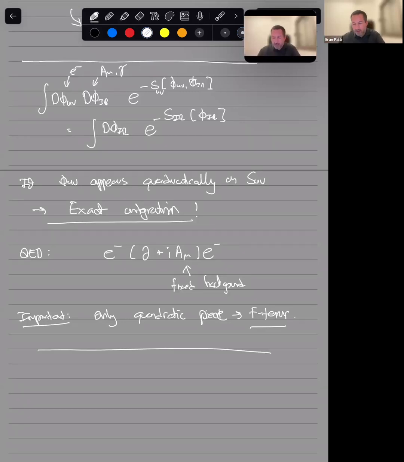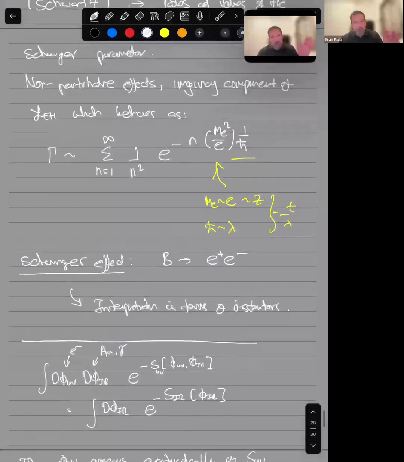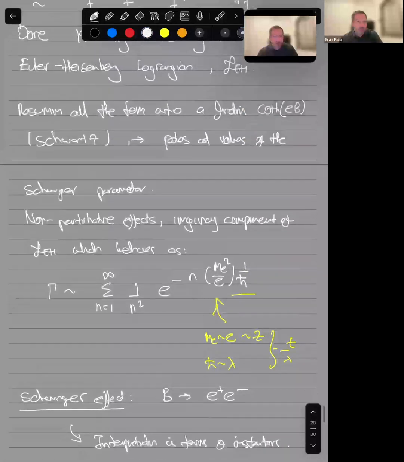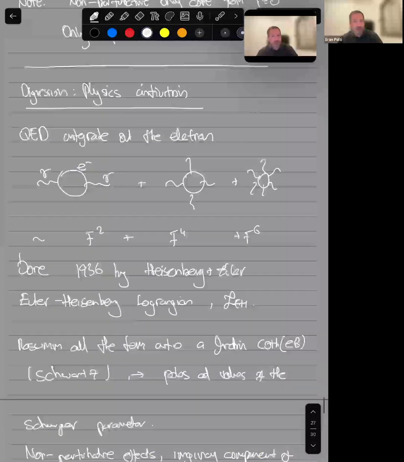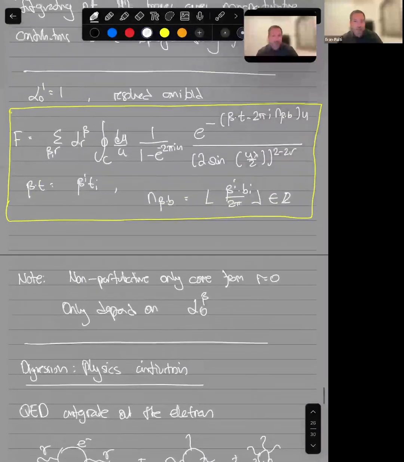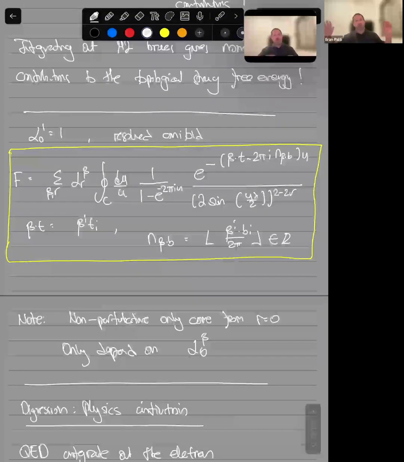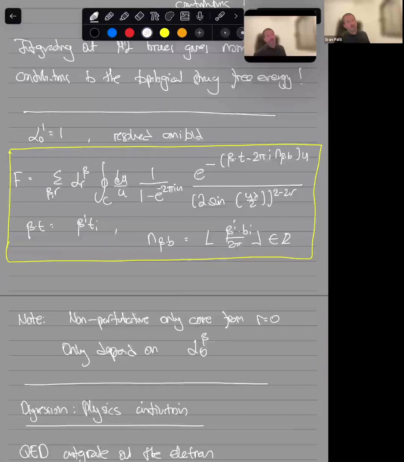All of this is already in the Euler-Heisenberg calculation, which is textbook material you can find in Schwartz. So all we covered was basically the same thing, but now in this M-theoretic supersymmetric setting. So that was my general explanation as to why we expect to find non-perturbative effects when we integrate out these states.